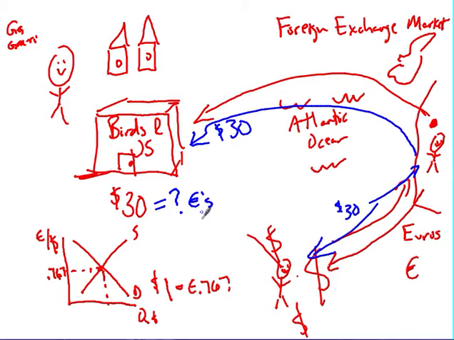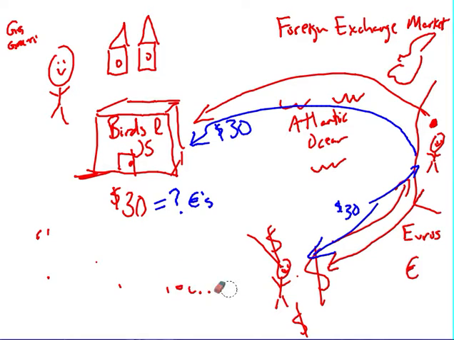And so the best way to do this, let me clear off a little space here. All right. So the best way to do this that I found is set it up like a ratio. And so we'd say $1 is equal to how many euros, and therefore dollars to euros here. All right.